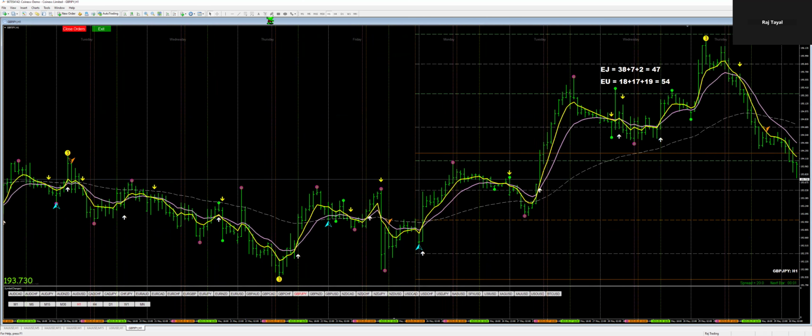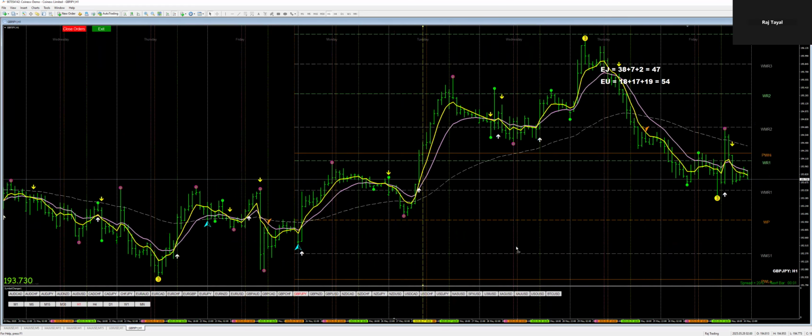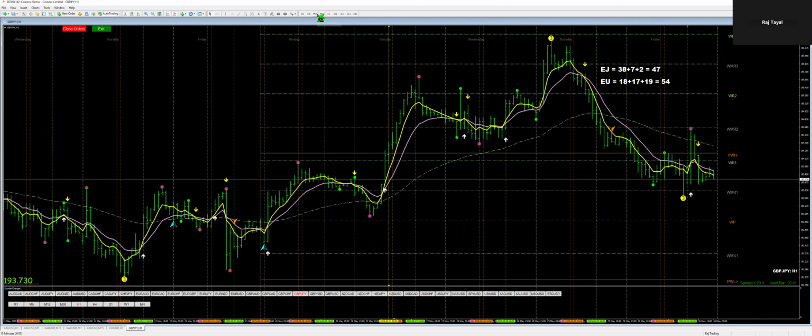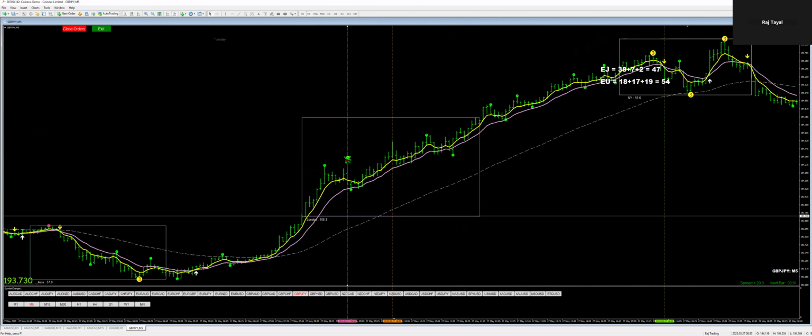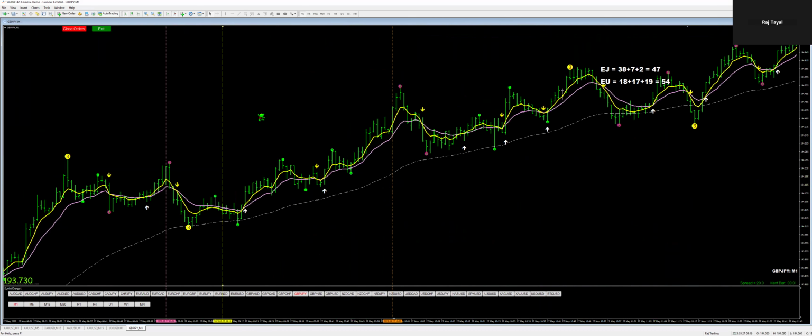Let's look at Tuesday. Tuesday is a 1 hour trade, 4 hour, 1 hour mix. Let's look at the 15-minute for clarity. Nothing there. 5. Let's see if 1 gives us a fresh cross right there.